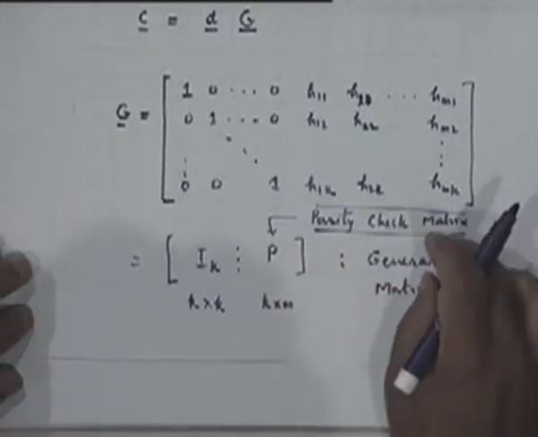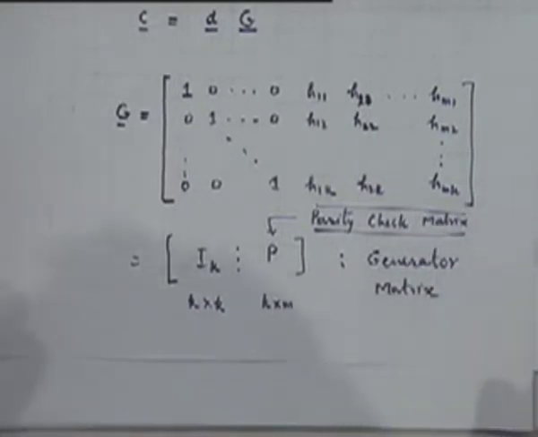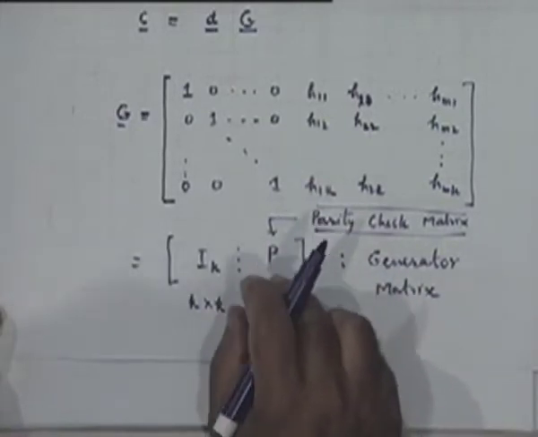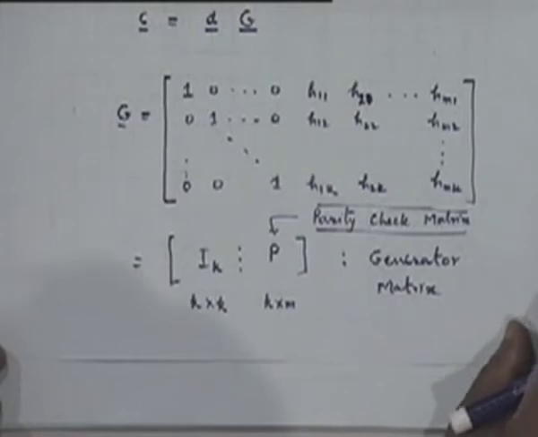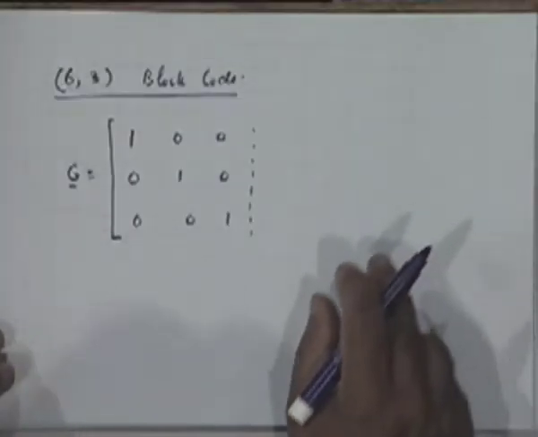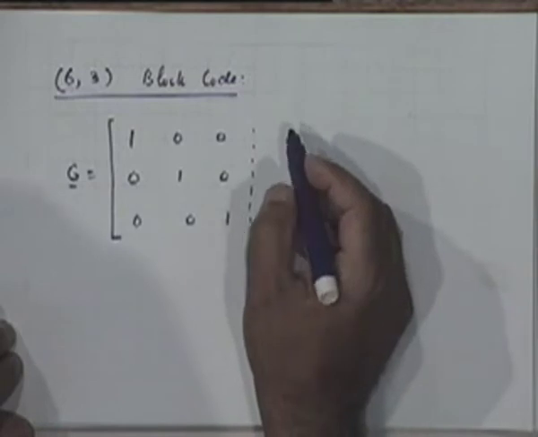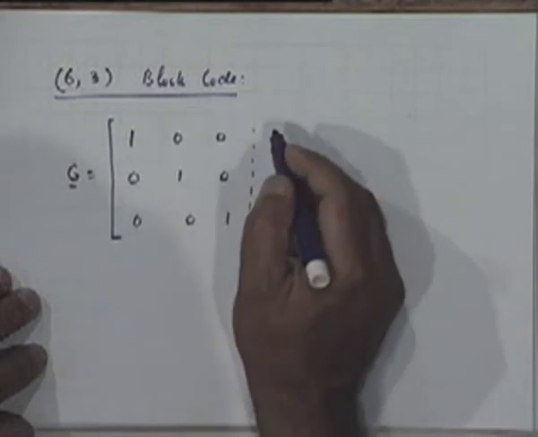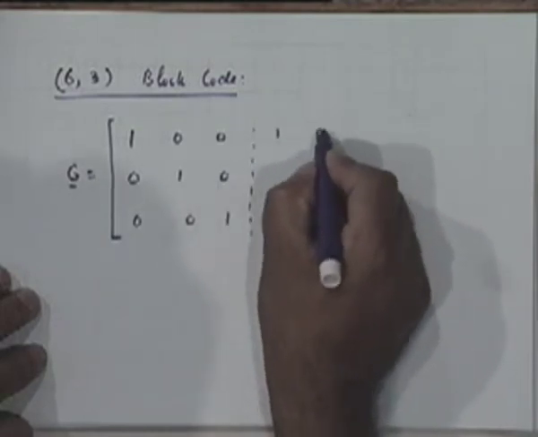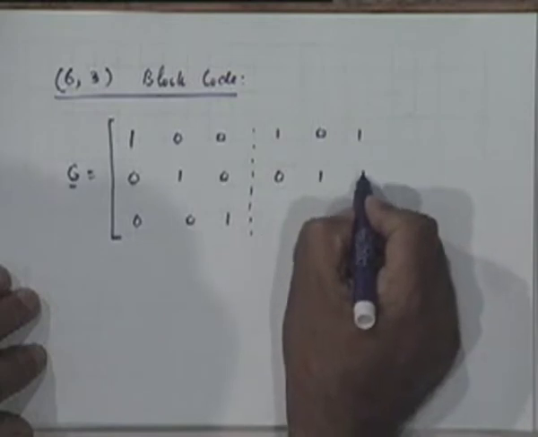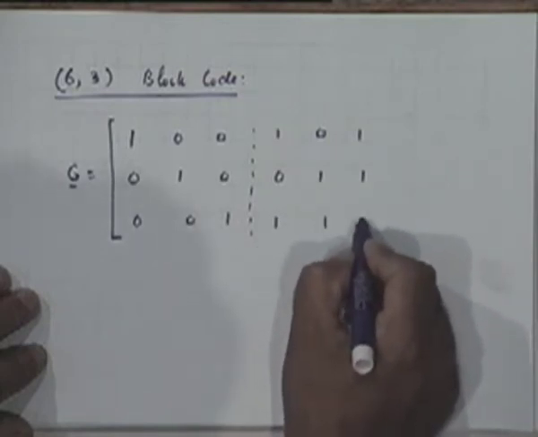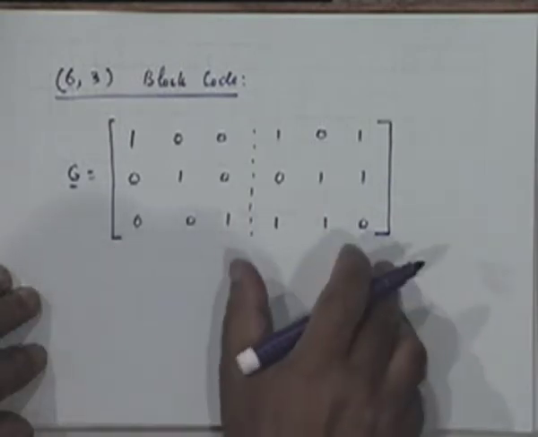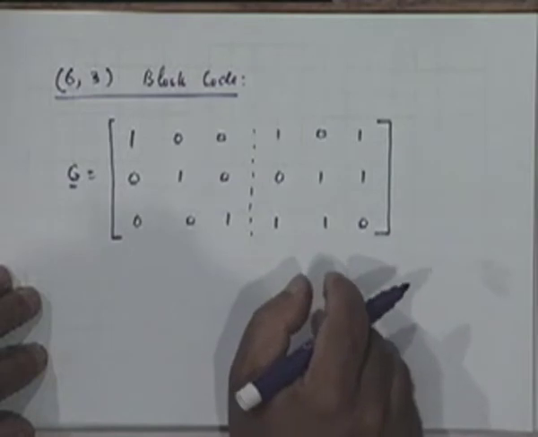For one, it's obvious that it is generating the check bits, right? So for that reason, it's called the parity check matrix. But it has some other physical significance in decoding, which we'll take up when we talk about decoding. Okay, so we have to specify the P matrix here. Let this be given by 1 0 1, 0 1 1, 1 1 0. So that's a 3 by 6 matrix corresponding to a 6-3 code.